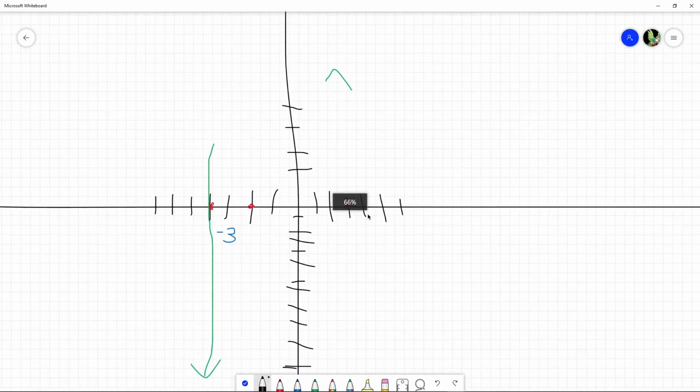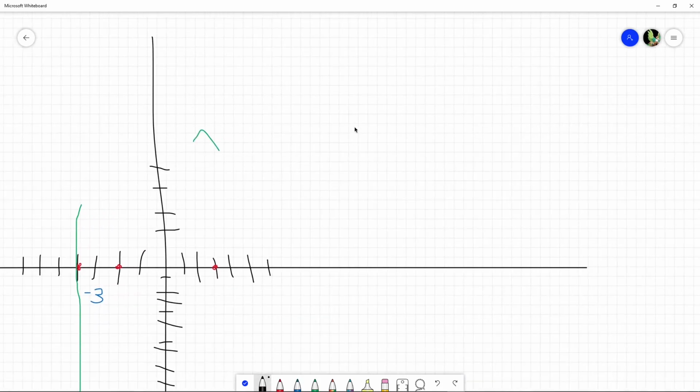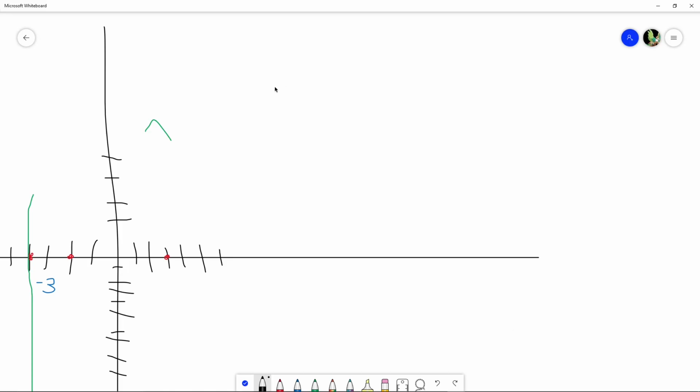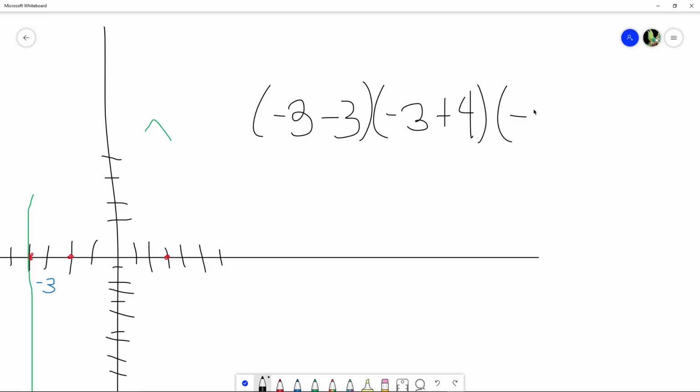So we're going to make use of the substitution using our factors, like I said before. Instead of x, we substitute negative 3, because this is the leftmost value between these 2 points. So negative 3 minus 3, and negative 3 plus 4, and then negative 3 plus 2. Make use of your calculator, because it's quite a bit hard.